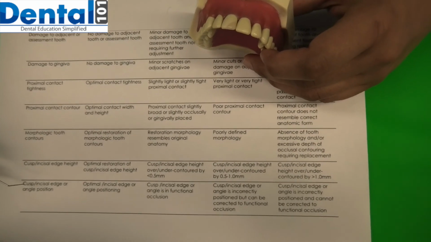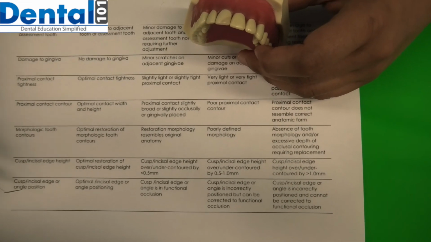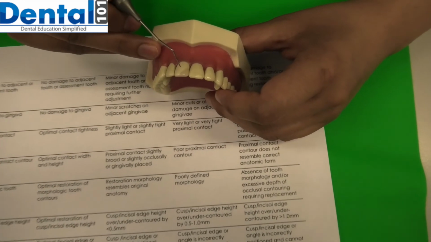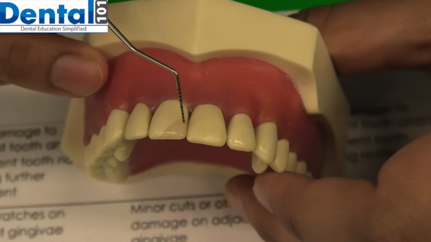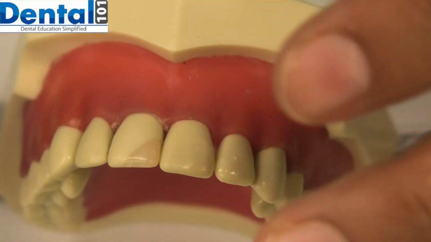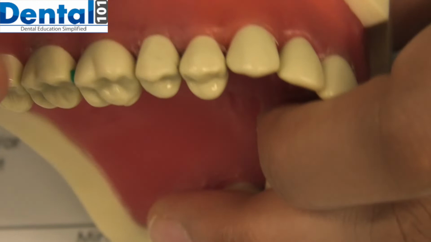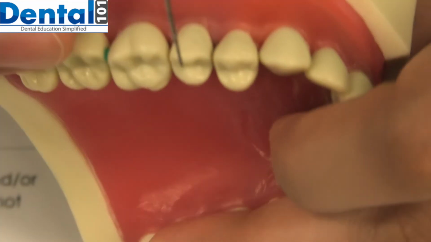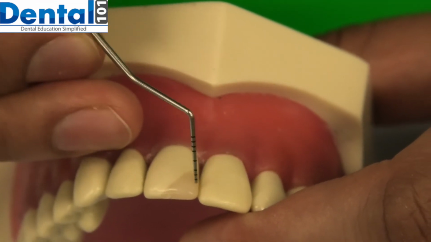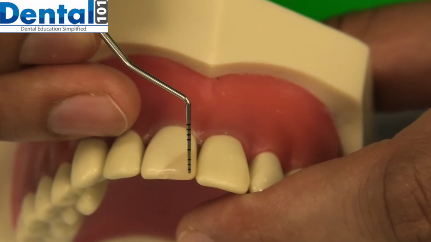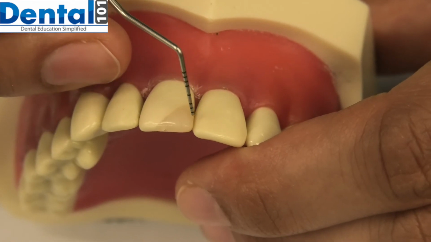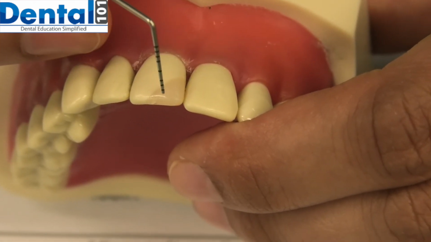And the last point for the composite restoration is cusp, incisal edge or angle position. In the anterior teeth, we will check for this angle, and for the posterior teeth we will check for the cusp angle position. For the anterior teeth we check whether this angle is going more towards the mesial or the distal side.